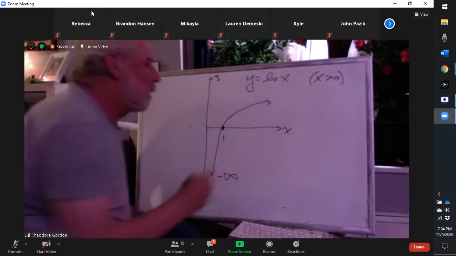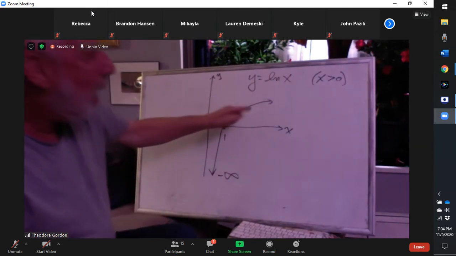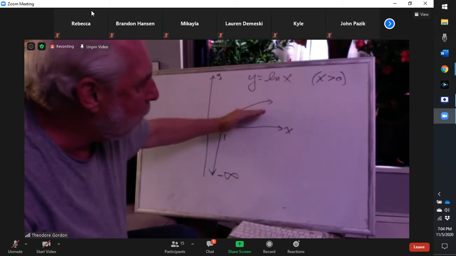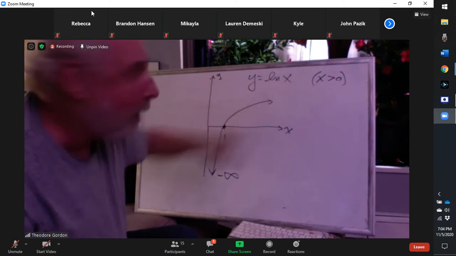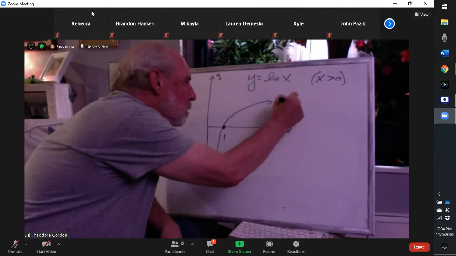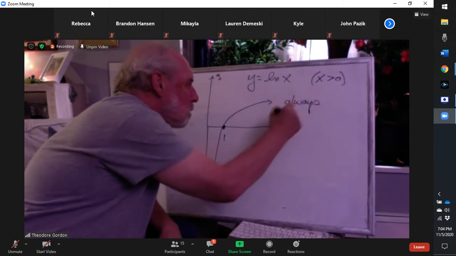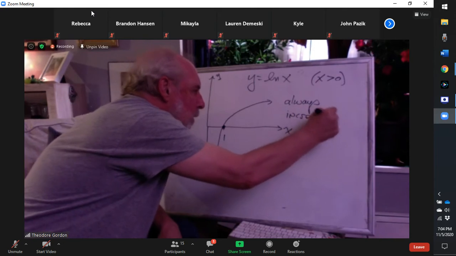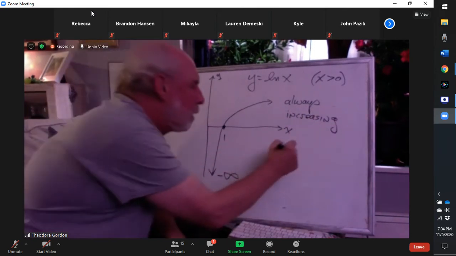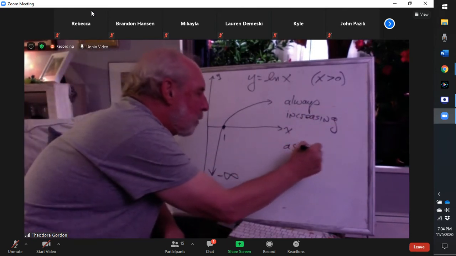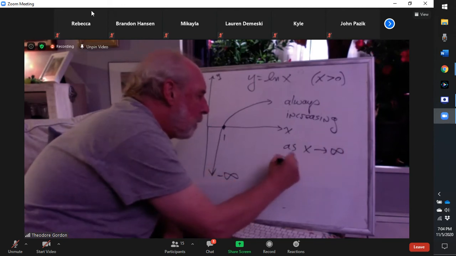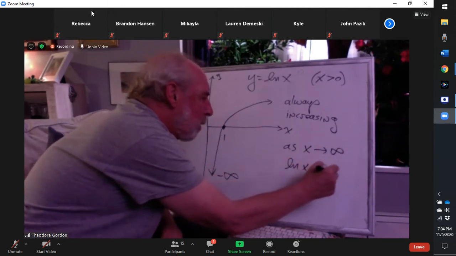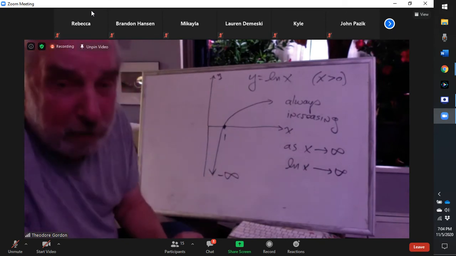So the question is, how do we know that the ln just keeps getting bigger and bigger? ln is always increasing. And that means as x goes to infinity, the ln of x also goes to infinity, just a bit slower.